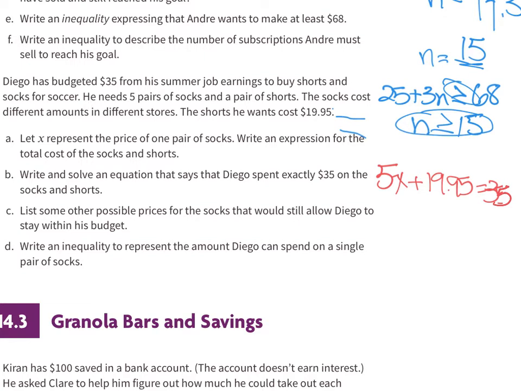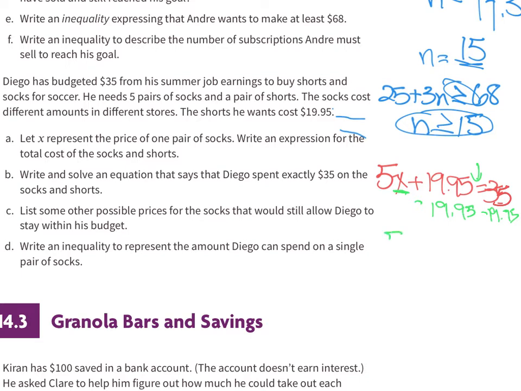We want to get x all by itself. So first number we get rid of is the 19.95. To get rid of a plus 19.95, we subtract 19.95. So using my calculator, I am going to go $35 minus $19.95, and I get $15.05.